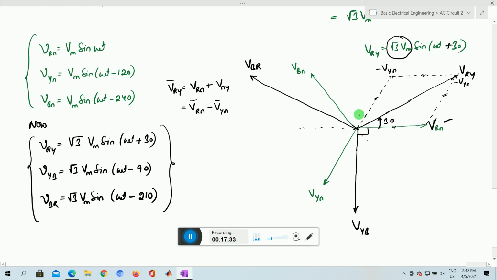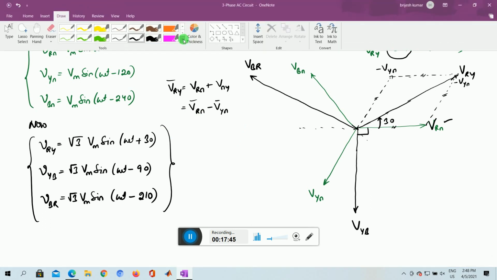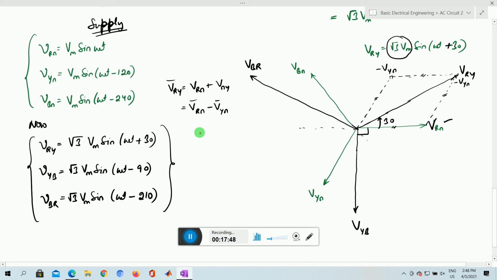So this is from the supply end. You can relate this when a three-phase supply is given. Let me draw over here. If you have a three-phase supply given to the load, you can relate this with the help of a coil, or better, with the help of our generation phase voltages.